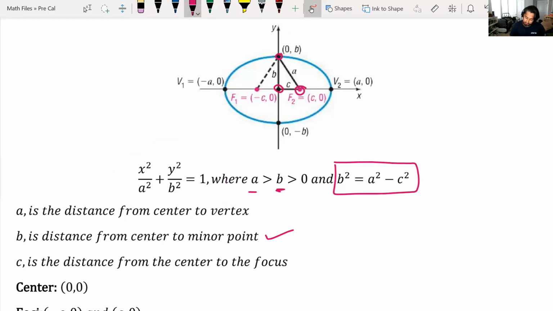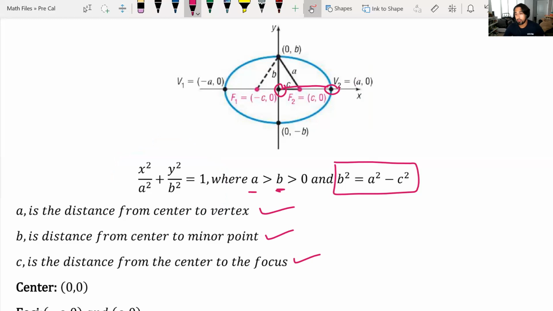And to represent the distance from the center to the vertex, either vertex, that distance is represented by a.